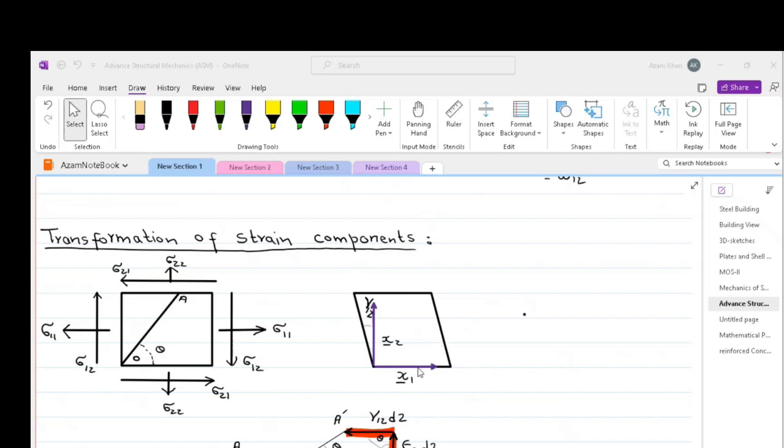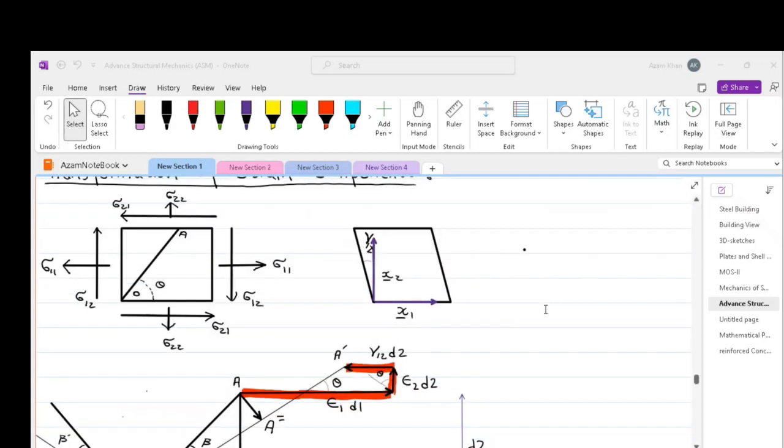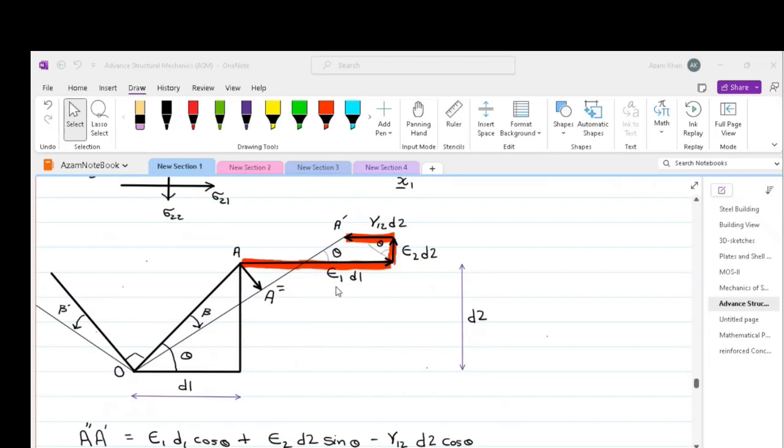Our coordinate axis, which is shown in purple, corresponds to the left corner of the element, or in other words, the coordinate axis has got an origin at the left corner of the element. The effect of these strains on any line element OA is shown in this figure.